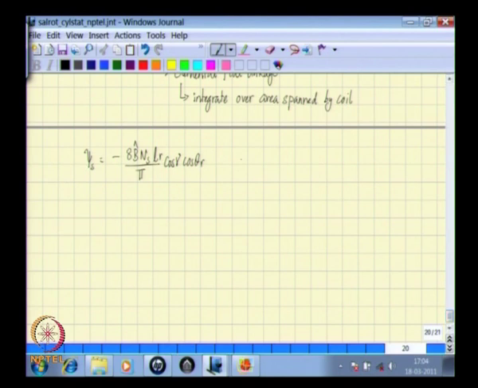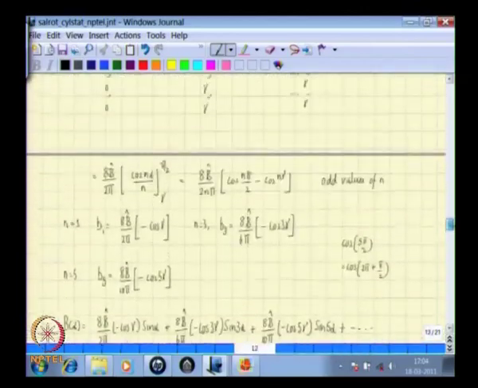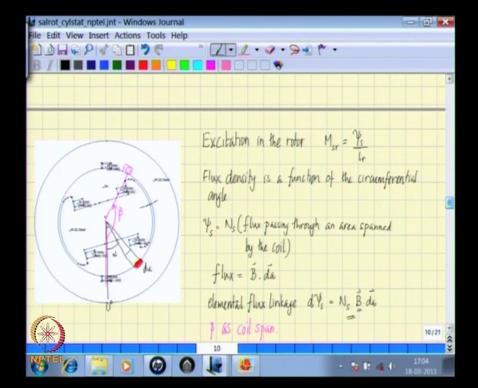Now we know that B hat is the peak flux density. How to find out the peak flux density? If we look at the rotor geometry which we saw in the last class, I am scrolling back. This is the geometry that we have been considering.